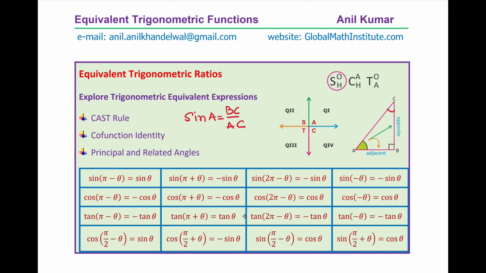Now let's see what is 3 pi by 10. So we know in a coordinate plane this is 0 and that is pi. I am dividing this pi into 10 equal parts. That means 5 here. So 1 pi by 10, 2 pi by 10, 3, 4 and 5. So this is pi by 10, 2 pi by 10, 3 pi by 10, 4 pi by 10 and 5 pi by 10.